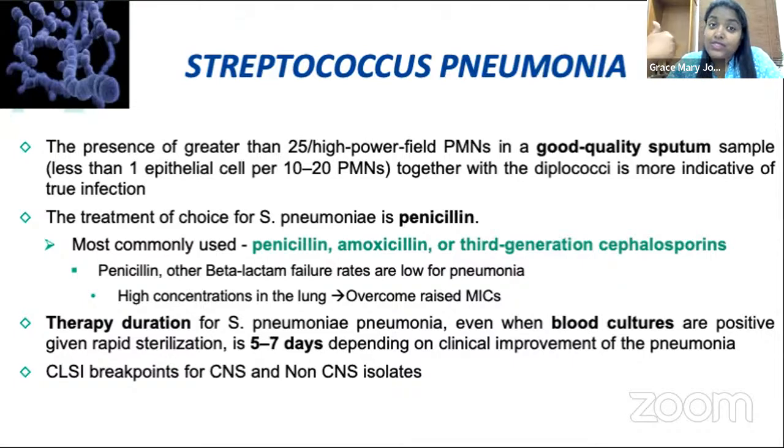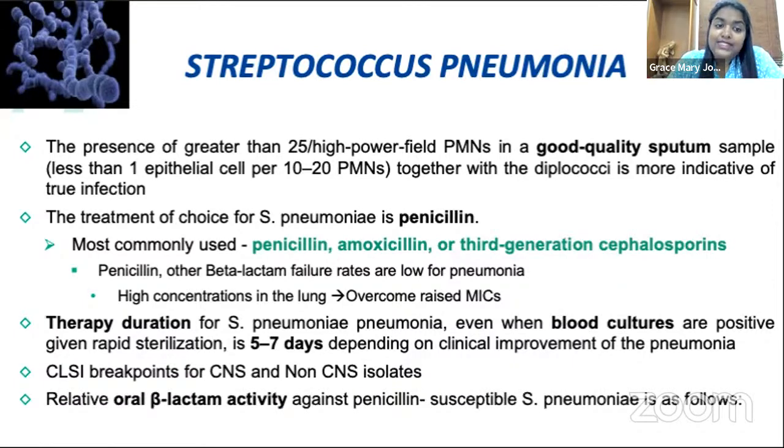So that is something that you might have to cross-check with your microbiology to see if what you're writing as penicillin sensitive is actually as per the CLSI guidelines. Now, for IV penicillin, the CNS isolate MIC should be less than 0.06. And for non-CNS isolates, it should be less than 2.